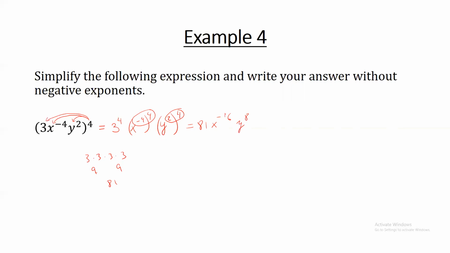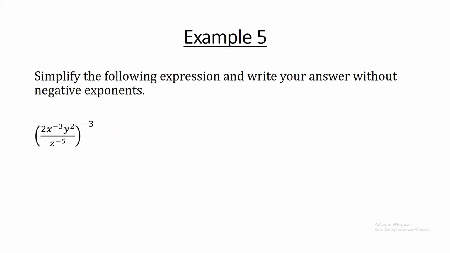And notice we have a negative exponent, so we should rewrite our final answer as 81 y to the 8th, and that x will be moved to the bottom and make the exponent positive, x to the power of 16. And there's our final answer, 81y to the power of 8 over x to the power of 16.